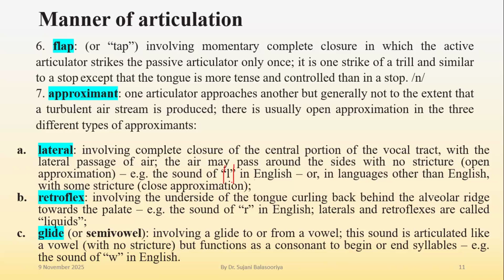When we say L, our tongue is located in a kind of curved position inside our mouth. If you consider this as the tongue, this is the tip of the tongue, right? And if you know about the place of articulation, L is an alveolar consonant, right? So the tip of the tongue touches the alveolar ridge by being in a kind of curved position inside the mouth.